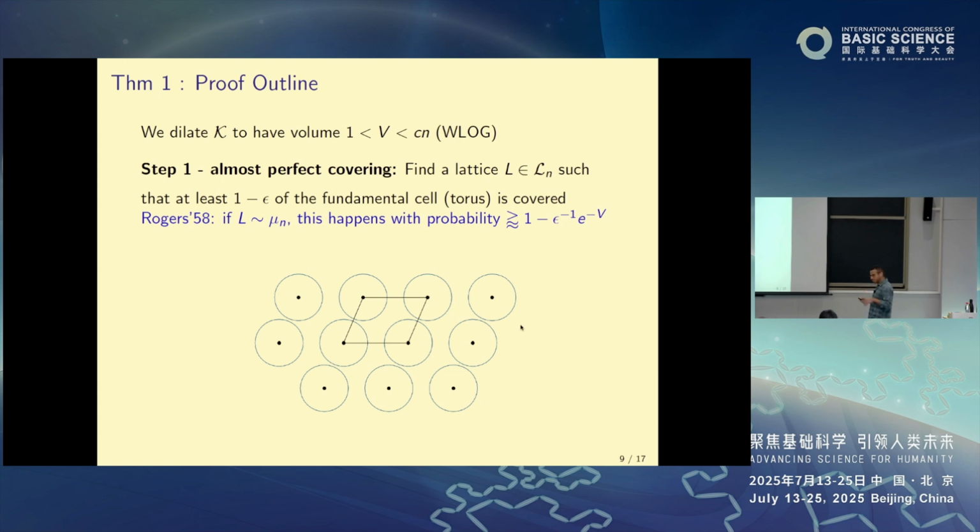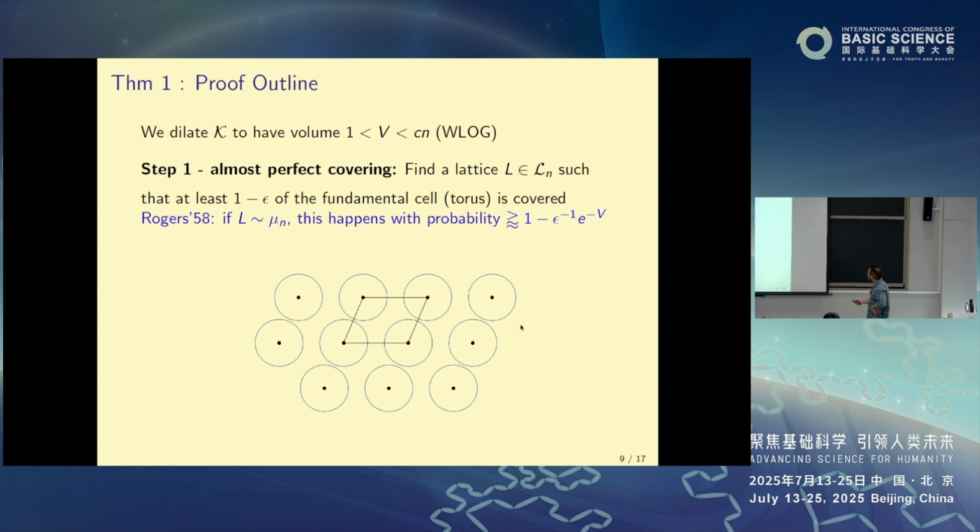So there are 5 steps in the proof. I will tell you each one of them one by one. The first one is almost perfect covering. So our first job is to find the lattice L with unit covolume, such that if I place K around each one of its points, in all my figures, K is a ball, but everything works for general K.